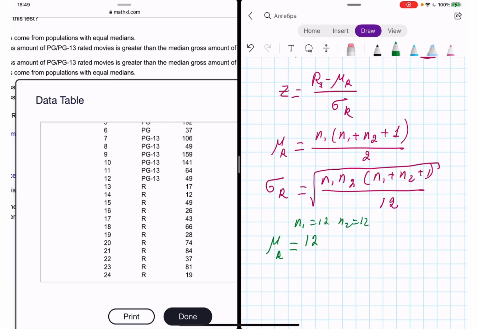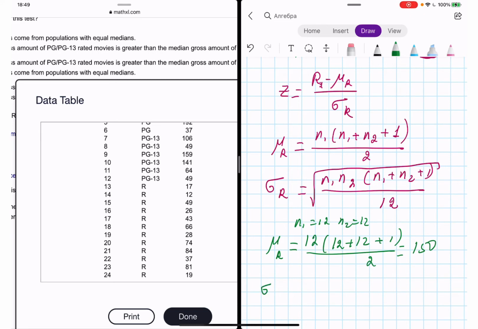So mu R is going to be 12 times (12 plus 12 plus 1), divided by 2, and if you calculate it, it's going to be 150.